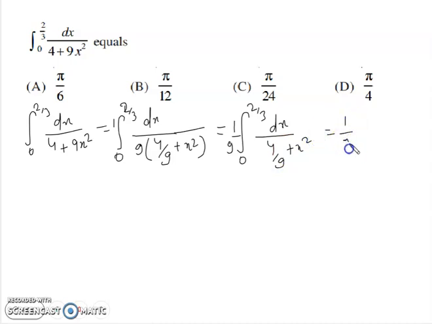And 1 by 9, 0 to 2/3, okay. And now we can write 4 by 9 is equal to 2 by 3 whole square, and plus x square, okay.